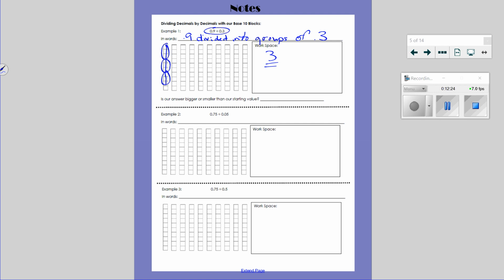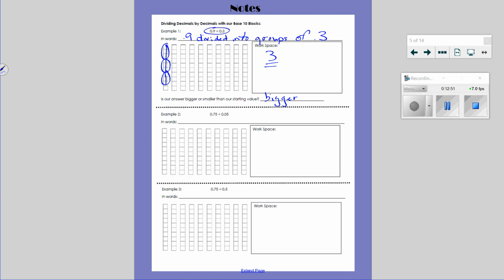Now, here's one of the key questions on this, guys, and this is why dividing by decimals doesn't kind of make sense. Is our answer bigger or smaller than our starting value? Bigger. It's actually bigger than either of the values, isn't it? So that's why this becomes difficult. Normally, I try to stress the importance of making sure your answer makes sense, right?